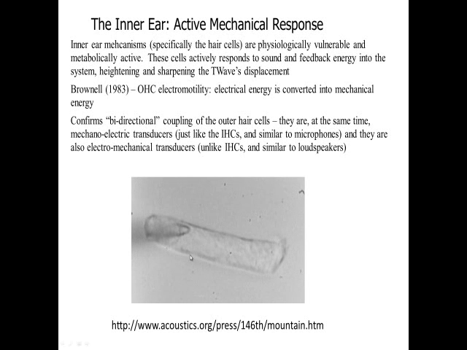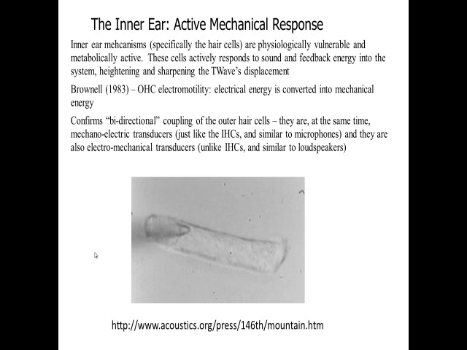And here's an image of an outer hair cell with an electrode stuck in it. And this outer hair cell is vibrating back and forth, or in fact getting shorter, longer, shorter, longer. And if this outer hair cell is firmly attached to the tectorial membrane, then you can see how it would actually change the orientation of the membranes with respect to the hair cells themselves.